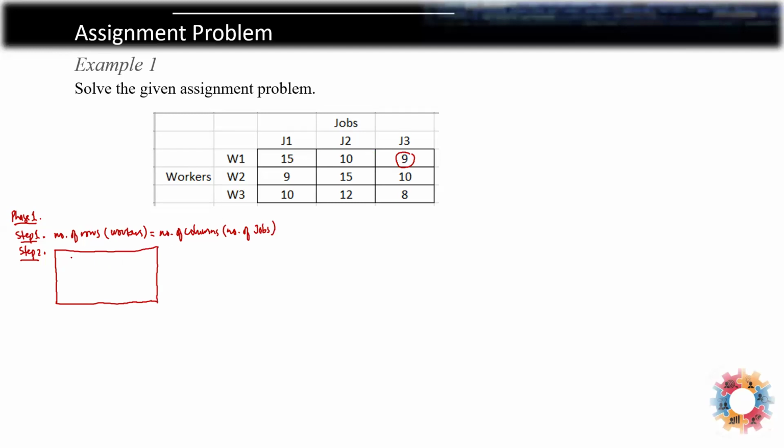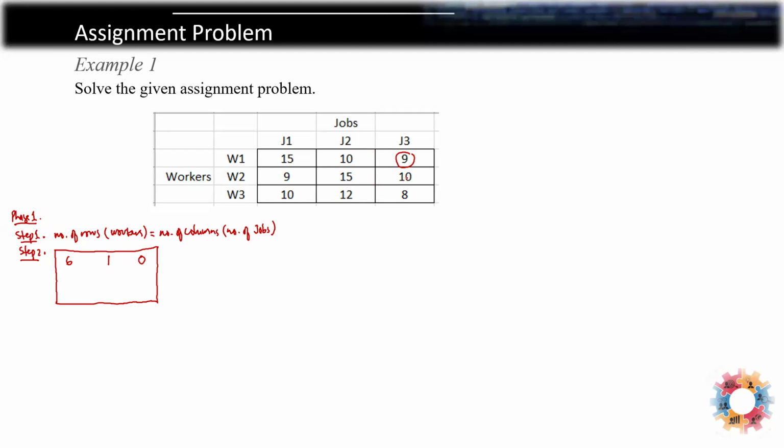So 15 minus 9 gives you 6, right? And then 10 minus 9 is 1. And then 9 minus 9 is, of course, equal to 0.